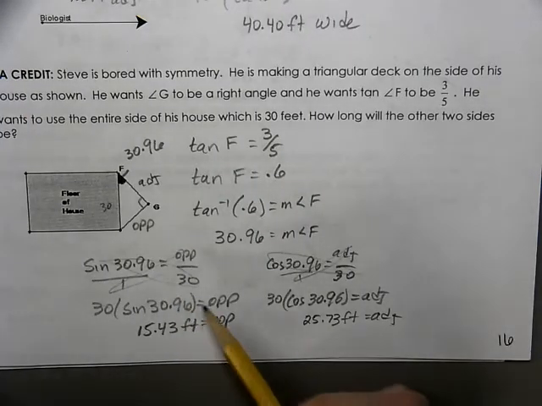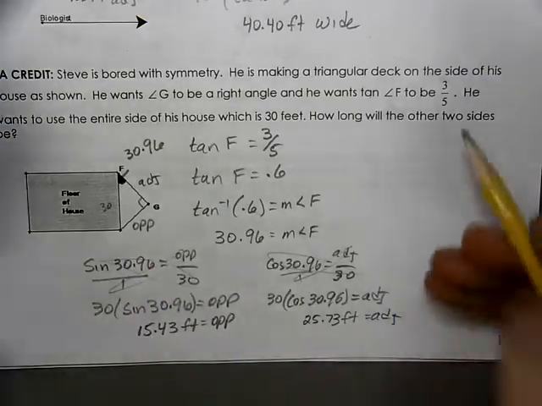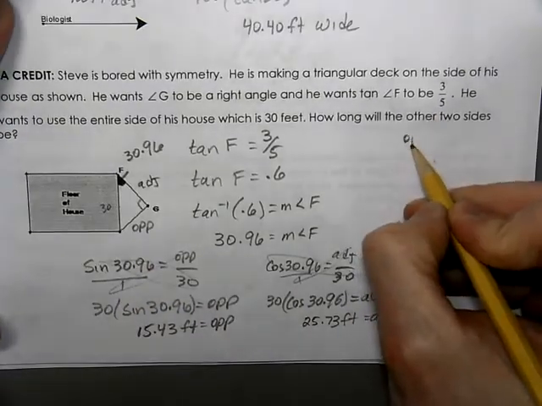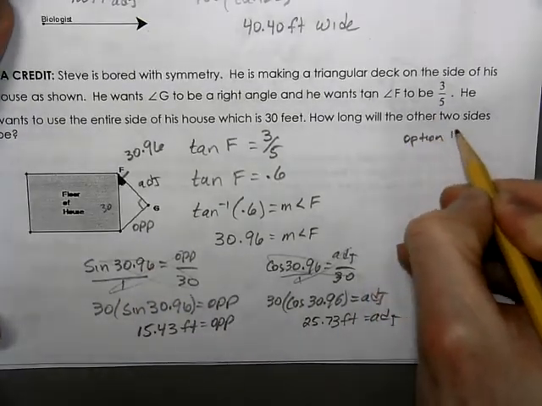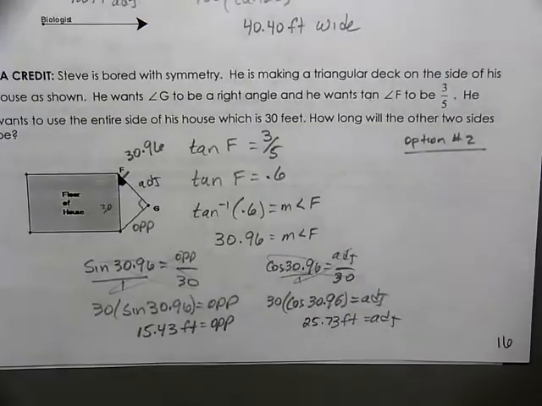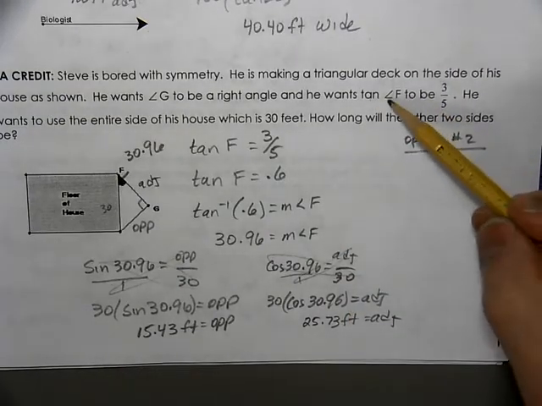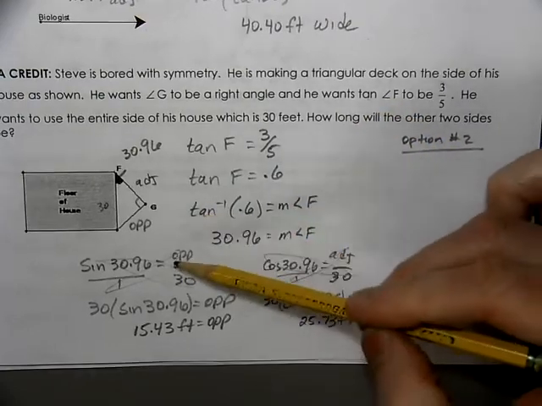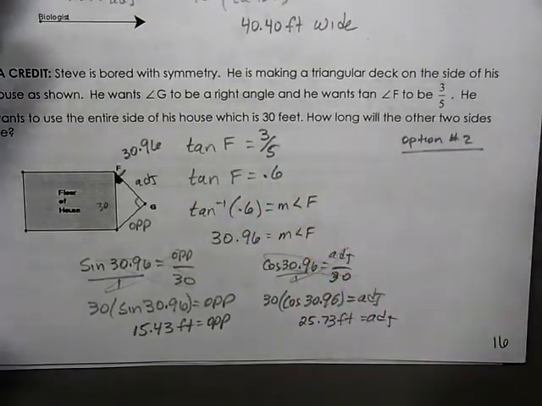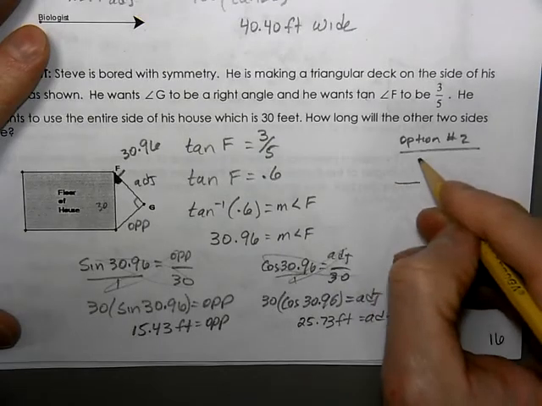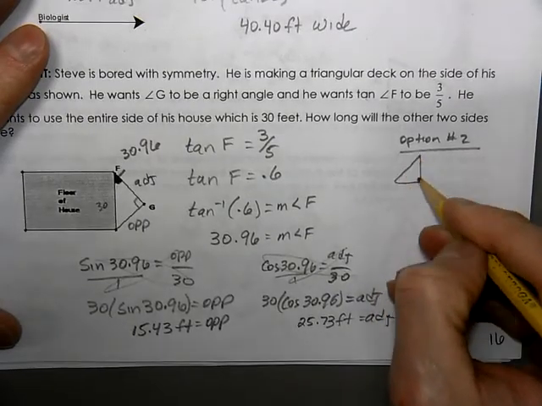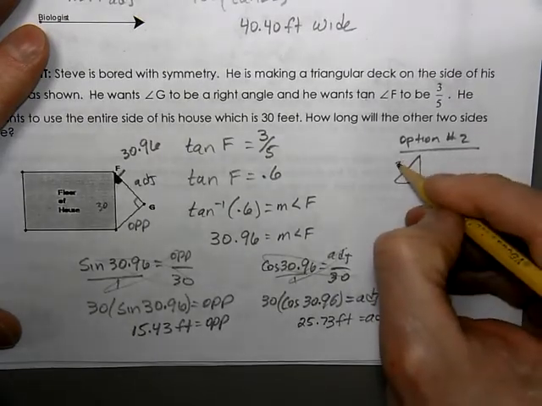Another possible way that we could go about solving this, option number 2, is to use our Pythagorean theorem. If we know that the tangent of F is opposite over adjacent, then we know that we're working with this right triangle that has a hypotenuse of 30.